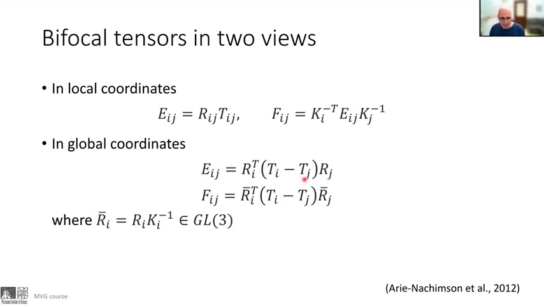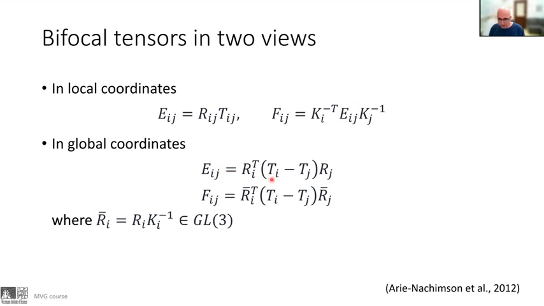Tj is 0, again, for the same reason. And so Eij will be Ri transpose Ti in the coordinate system of camera j. So it's exactly Rij times Tij. So this shows that this expression generalizes over this well-known expression.